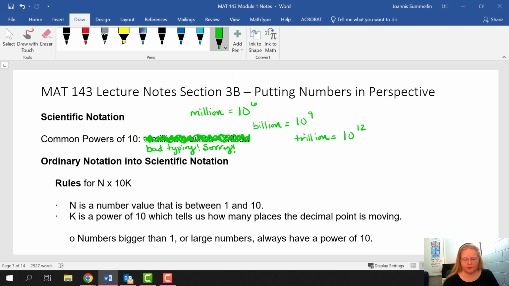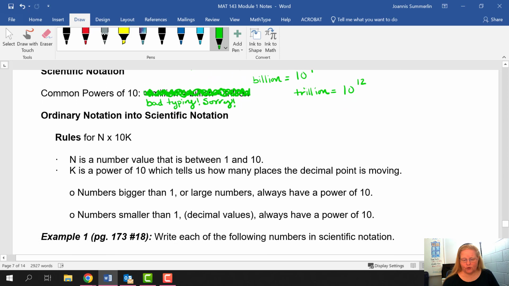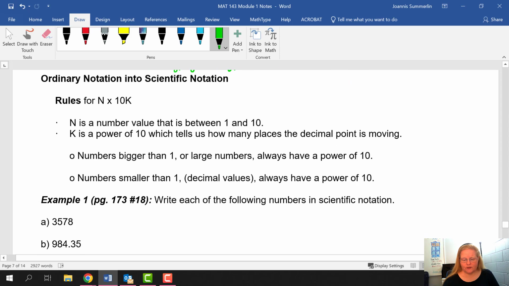We're going to talk a little bit about scientific notation. I'm hoping you have already learned that from somewhere else, but if you haven't, then it's my job to go over it just a smidge.